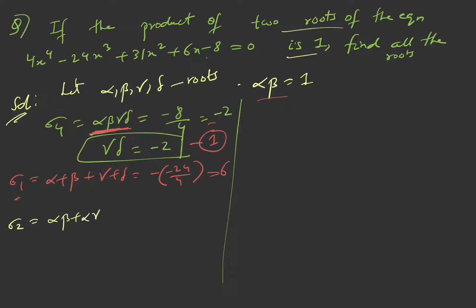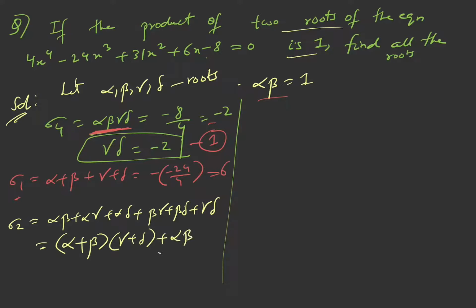Fine. Now let us go with sigma 2. Sigma 2 is what? Alpha beta plus alpha gamma plus alpha delta plus beta gamma plus beta delta plus gamma delta, right? So this you can write as alpha plus beta into gamma plus delta plus alpha beta plus gamma delta, right? I have told you that this notation will be useful while solving the problems. Sometimes you can expand this, you will get all these 6 terms.